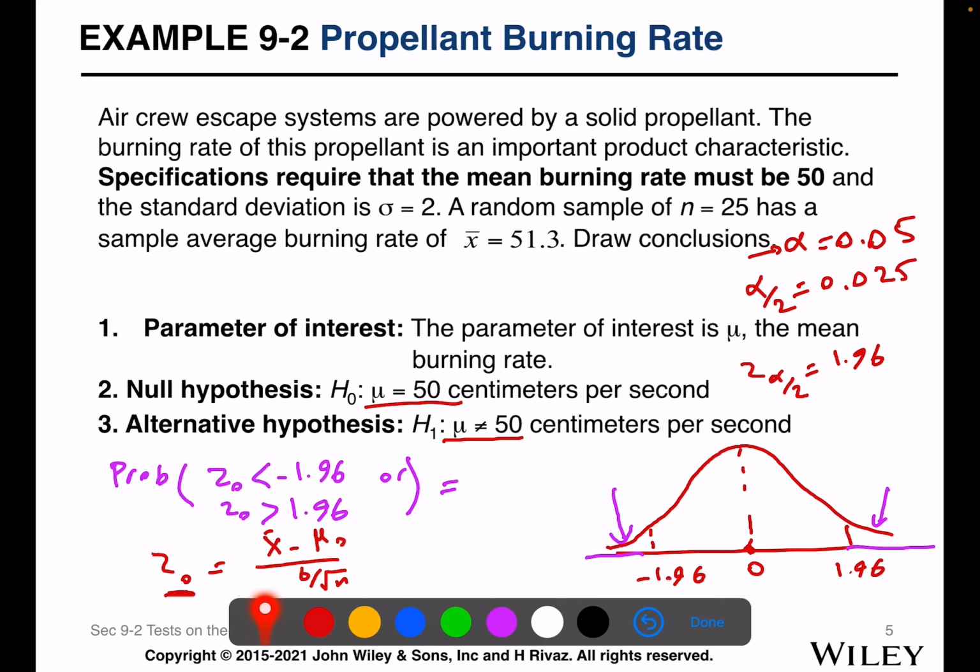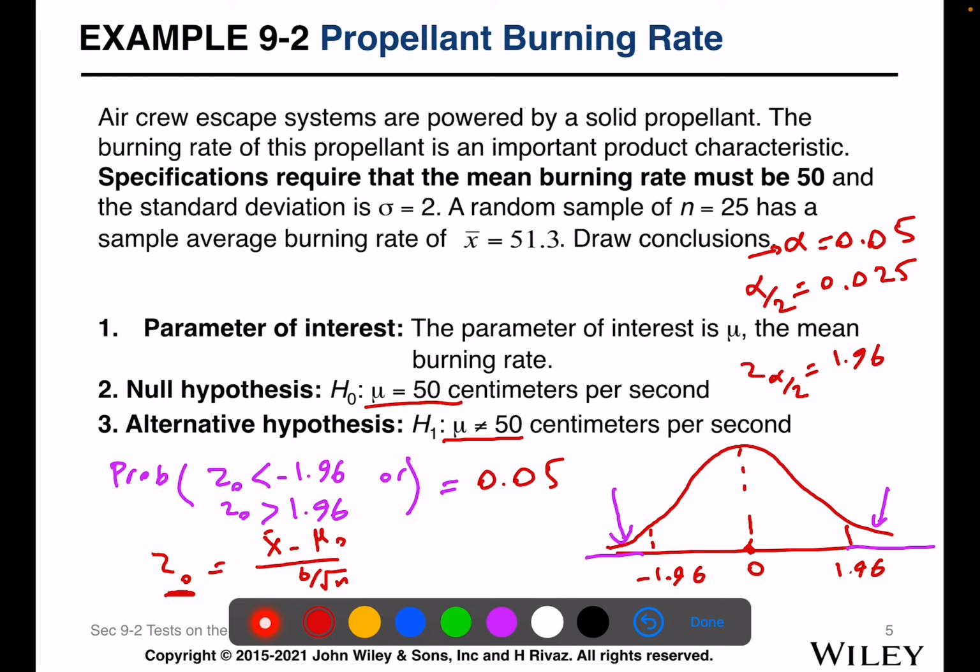So do we know what is this probability that Z0 is either less than minus 1.96 or more than 1.96? So like 95%. Exactly. Isn't it 5%? 5%, sorry, not 95, right? It's 95% that is here. So when we say alpha is equal to 0.05, it means that this area plus this area is 0.05. So that means that this area is 0.05 or 5%, right?